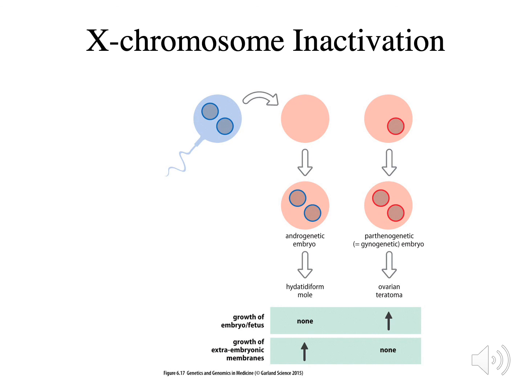That will give rise to an ovarian teratoma, which consists of disorganized embryonic tissues without the vital extra-embryonic membranes. So neither of these results in normal fetal development. You can end up with a hydatidiform mole or an ovarian teratoma.